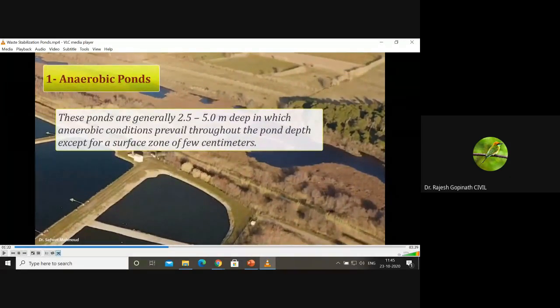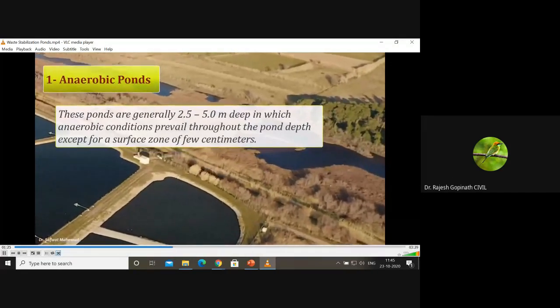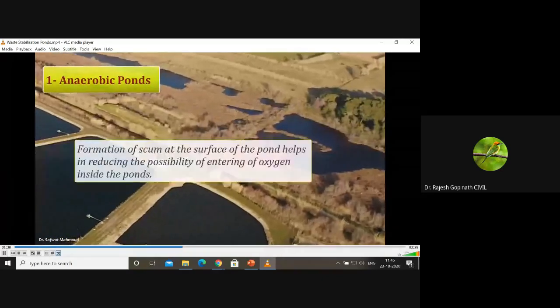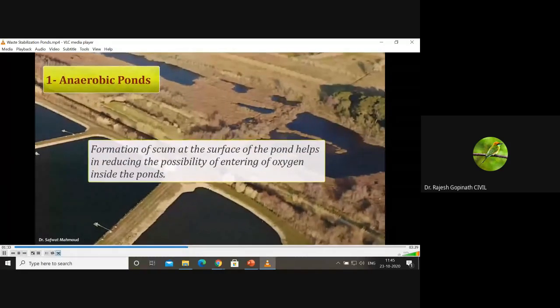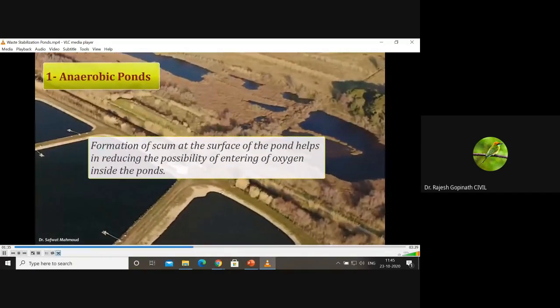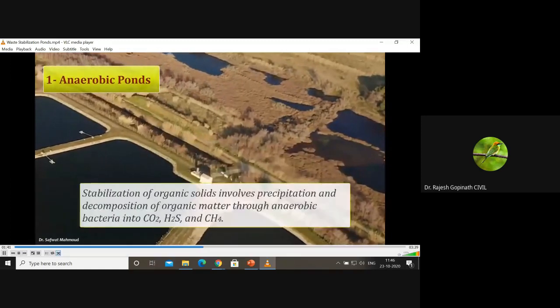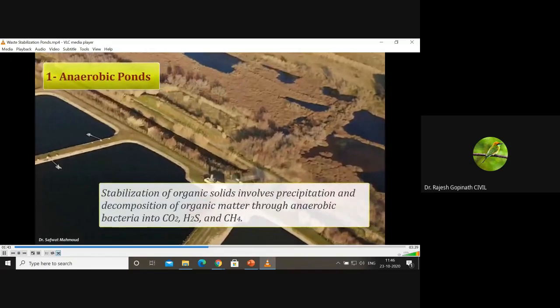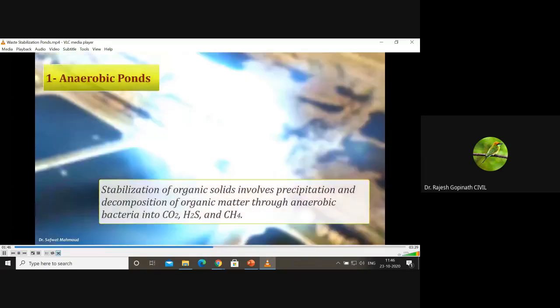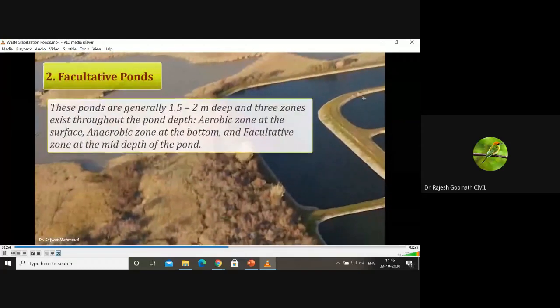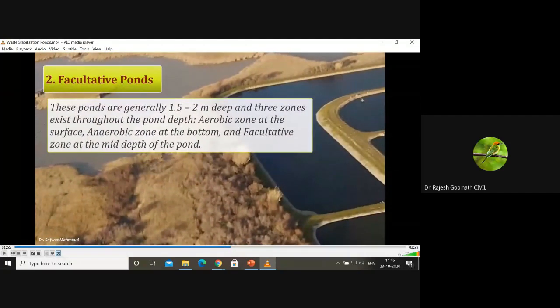The moment you say 5 meters, it is understood that these are anaerobic ponds. Why do you call something facultative?